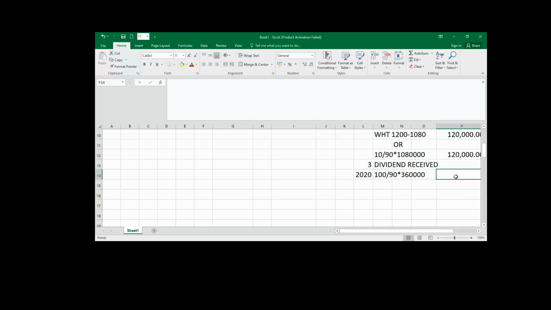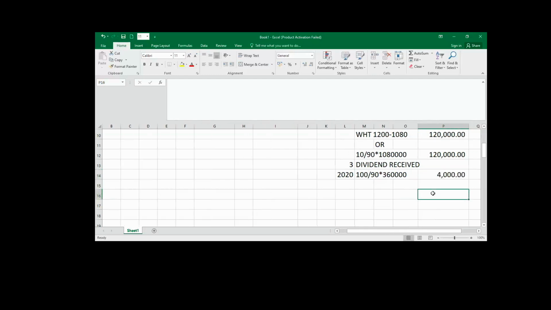That will give us 400,000. So to calculate the withholding tax, it will simply be gross minus net: 400,000 minus 360,000. That will give us 40,000.